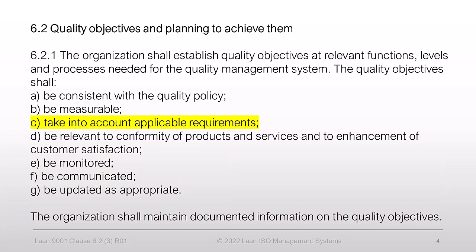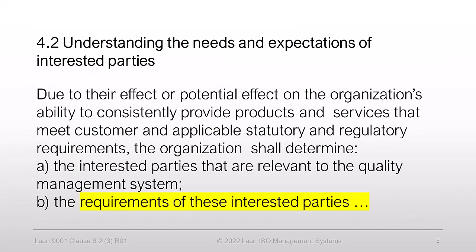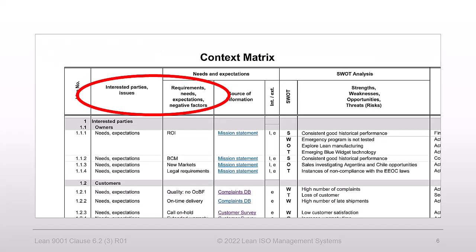Let's start with the applicable requirements. In one of the previous videos, we discussed element 4.2 of the standard, related to the needs and expectations of interested parties. To address those and many other requirements of the standard, we created a context matrix that refers to the requirements of the interested parties.